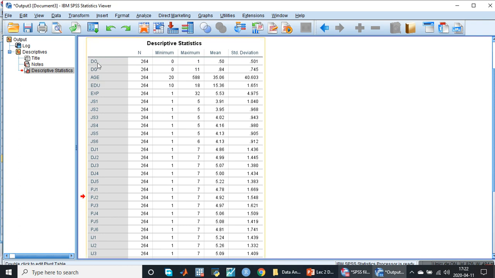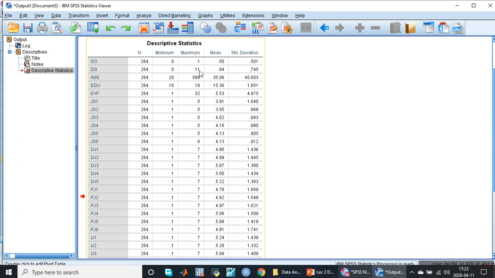The dummy for organization is 0 represented by private organization and 1 represented the government employee. So the minimum value was 0 and the maximum was 1. But when we look at the dummy for the gender, here the minimum value is 0 and the maximum is 11, while we expected that the maximum value should be 1 because there were 2 categories.